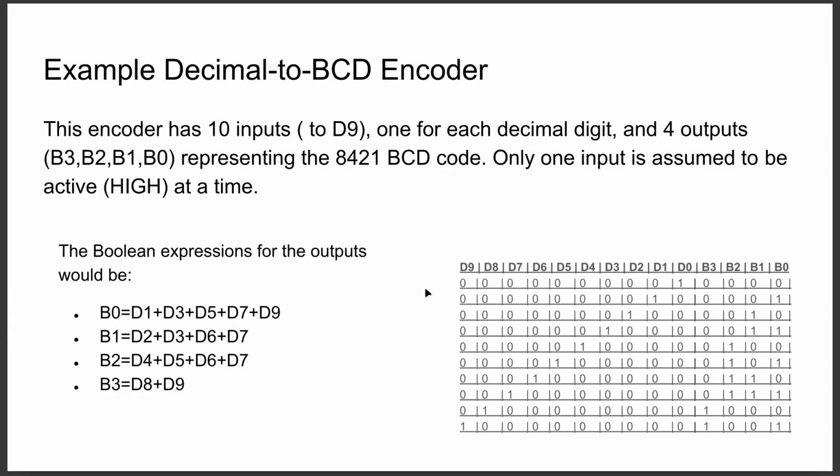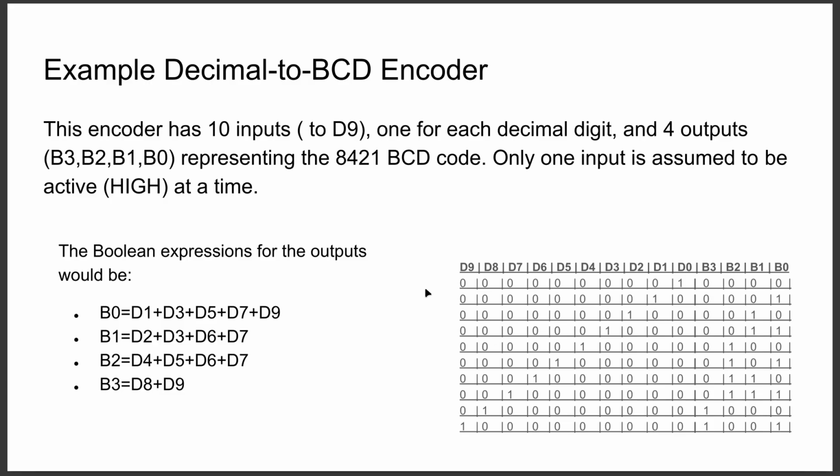Okay, and then a decimal to binary encoder as well. So this encoder has 10 inputs, D0 to D9, one for each decimal digit, and 4 outputs, B3 to B0, representing the 8421 binary coded decimal code.